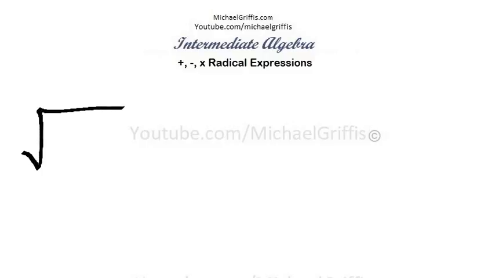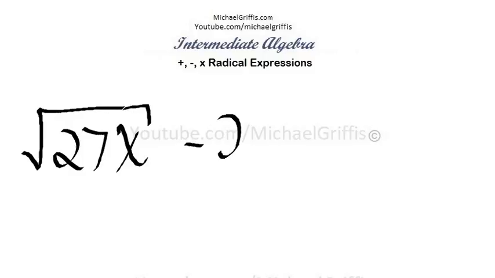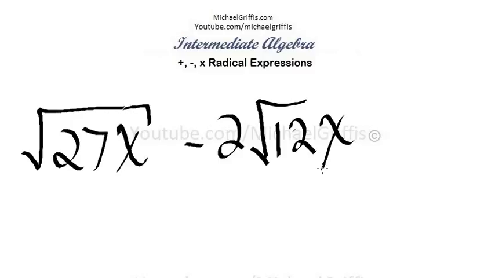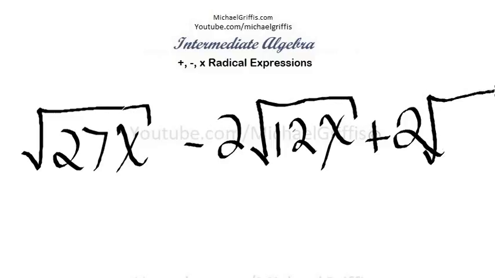All right, we've got the square root of 27x minus 2 times the square root of 12x plus 2 times the square root of 48x.